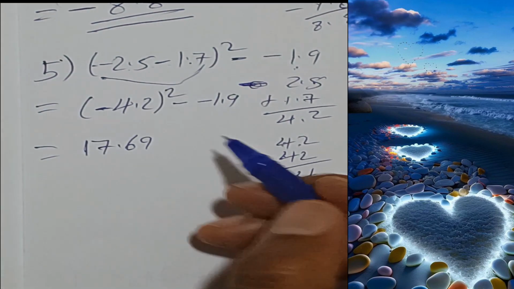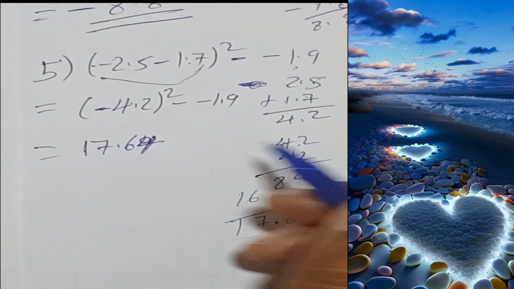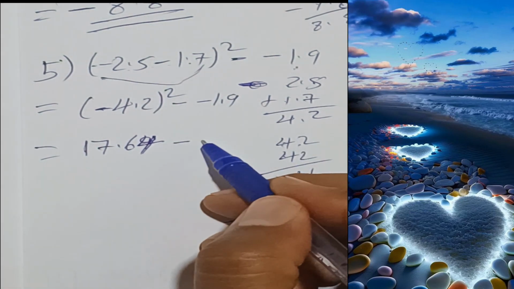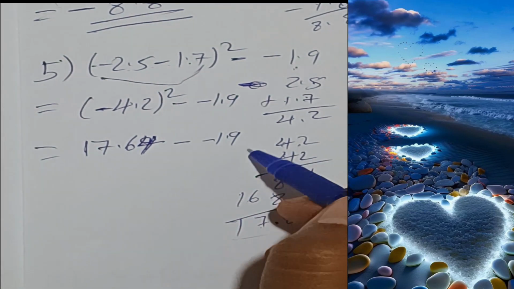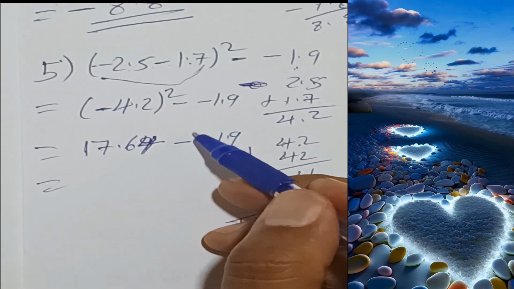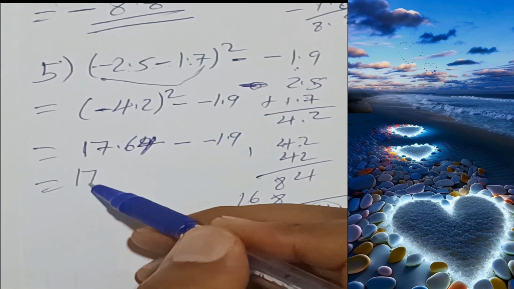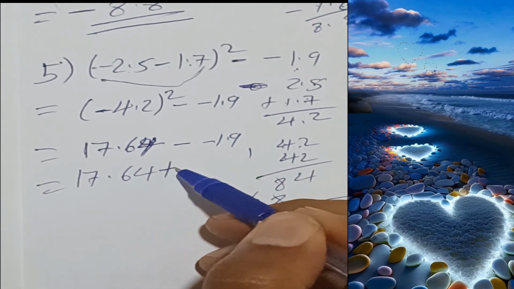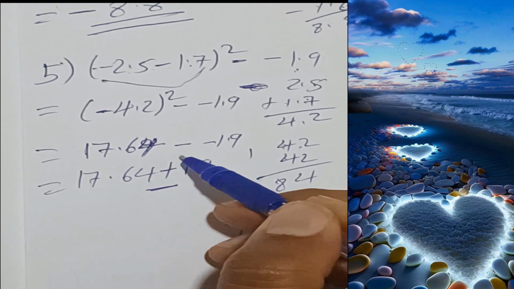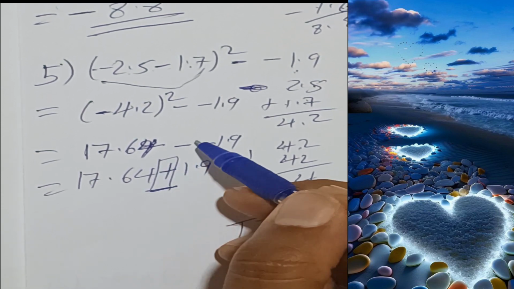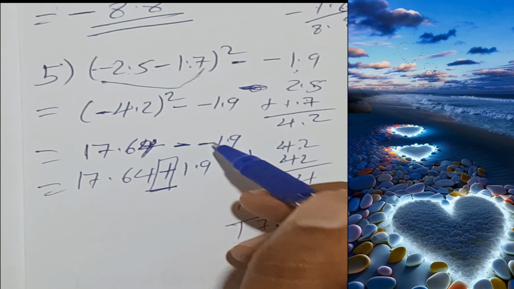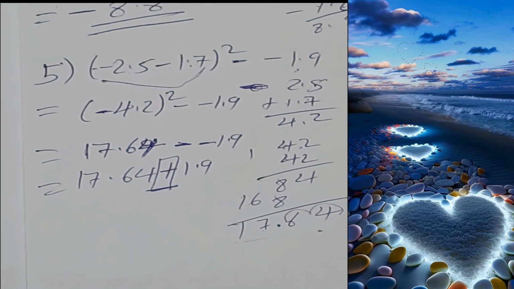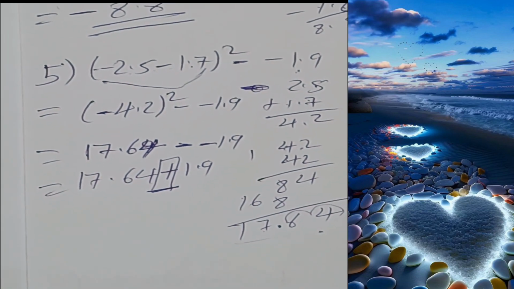17.64, I'm sorry, 17.64 minus 1.9. So which is equal to, this will be positive 17.64 plus 1.9. Why this? Because when two negatives come at a time, they cancel each other and it becomes positive.